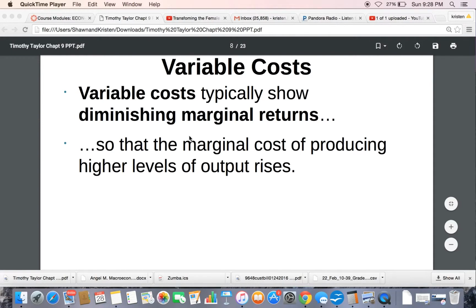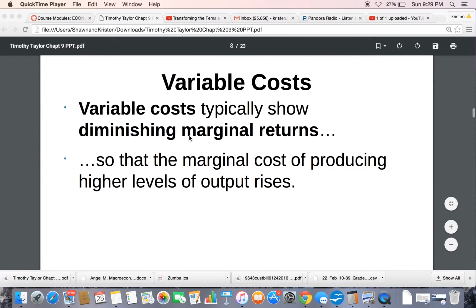That last cupcake we make, as we have 100 workers in a really cramped space with too many bags of sugar and flour, is actually going to cost more because it's not going to be produced as efficiently as the first or second cupcake, or third, or some optimal level would.